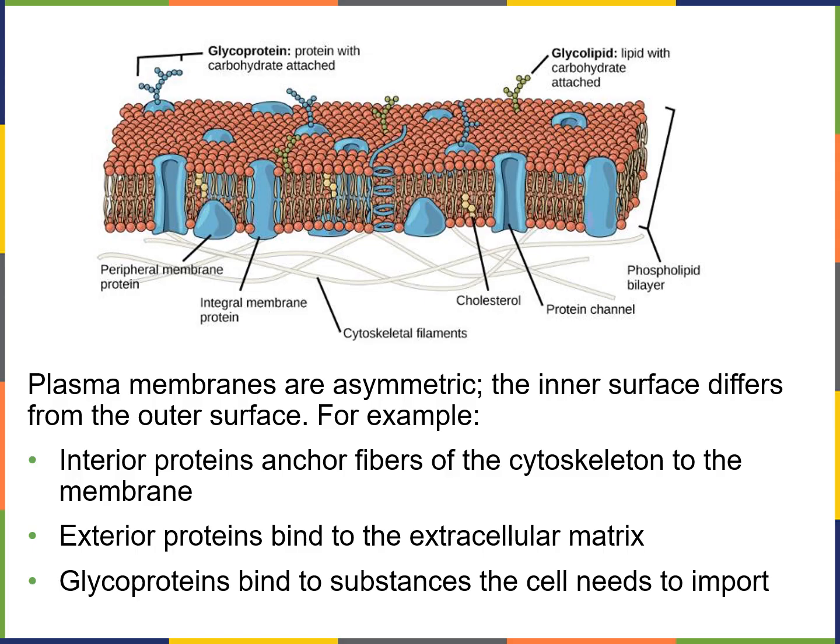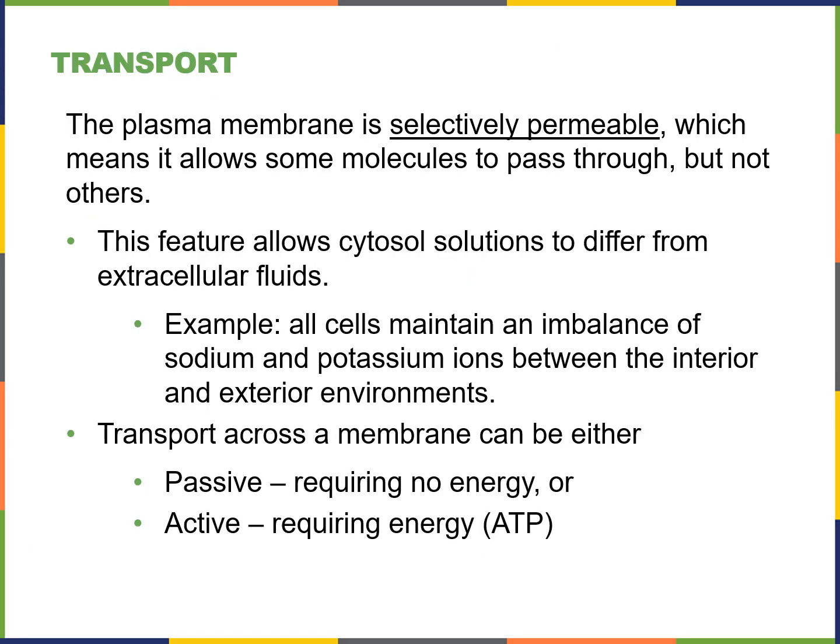Because of the composition of the membrane, primarily phospholipids, the plasma membrane is selectively permeable. This means that most substances cannot pass through, but some molecules can. This selectivity allows the cytosol, the fluid inside the cell, to differ in composition from the extracellular fluid.